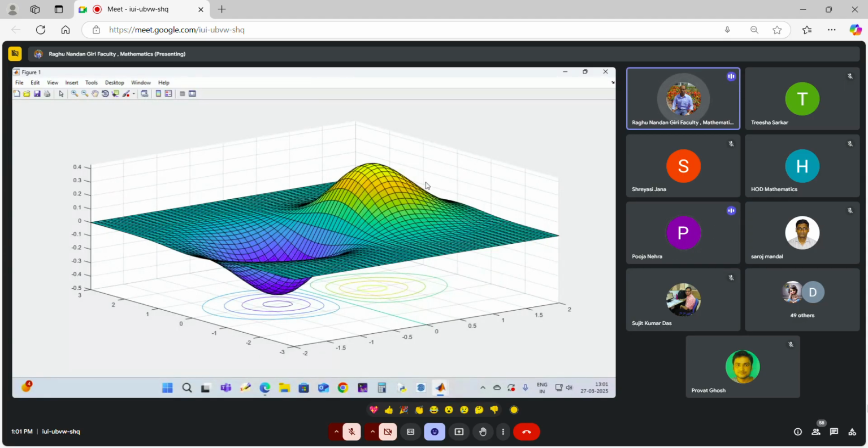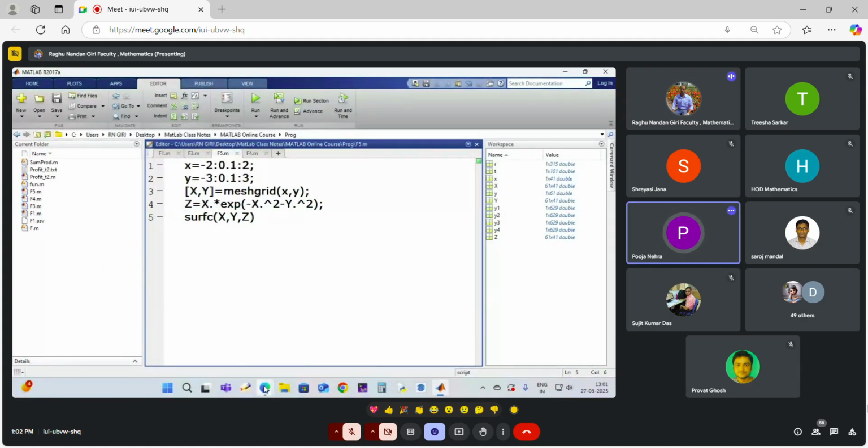For these 3D graphs, you also mention the x label, y label, z label, and title, and the text, in a similar way to the 2D graphs.